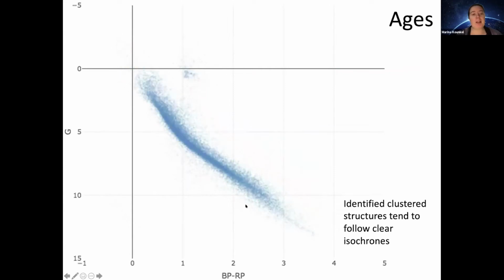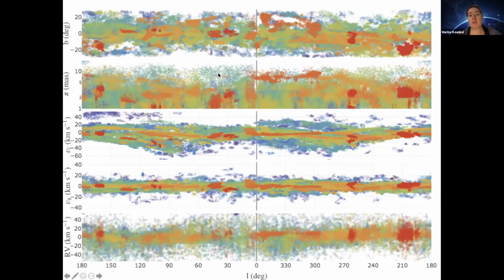And then after approximately 100 million years, you have high mass stars starting to die off, and you have a rather nice turnoff. And you can estimate the ages of all of these moving groups, and you can scrutinize them. You can estimate their velocity dispersion, how they evolve over time.